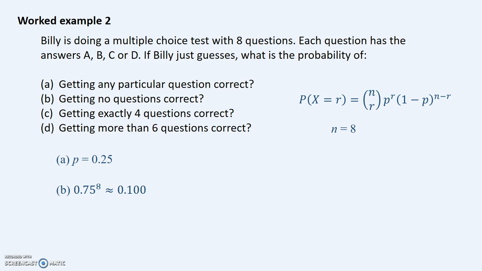So it's 0.75 to the power of 8. Getting exactly 4 questions means 8 combination 4, 0.25 to the power of 4. So this is guessing correctly to the power of 4 and guessing incorrectly to the power of 4. And that'll give you your answer there.